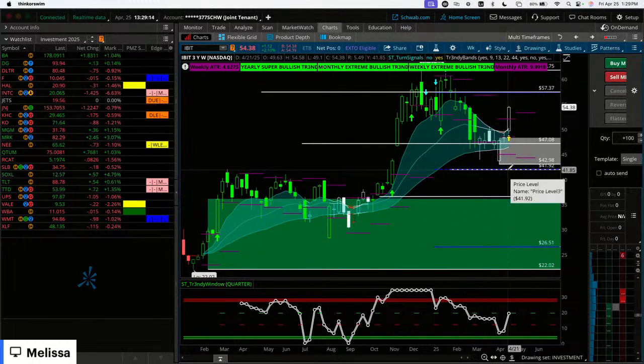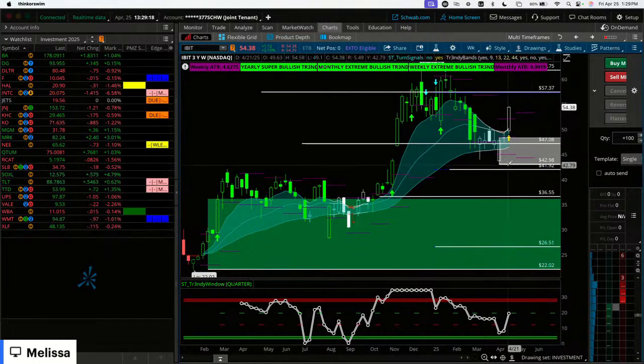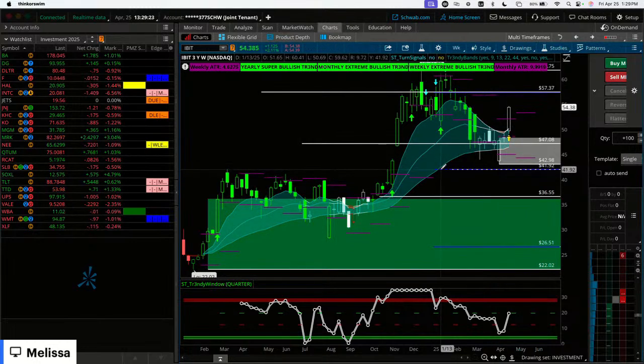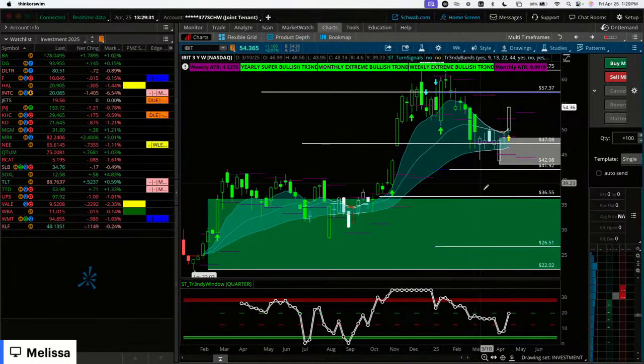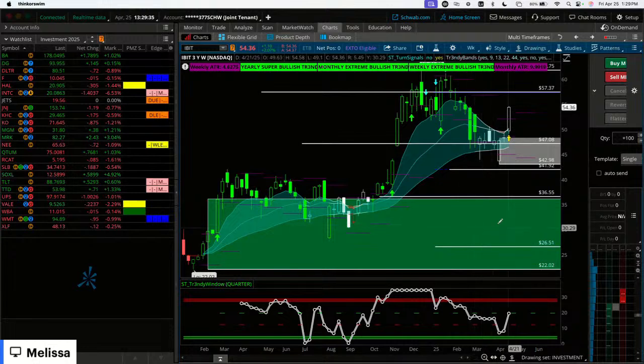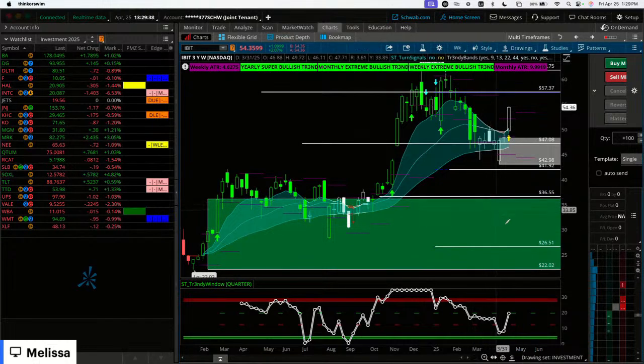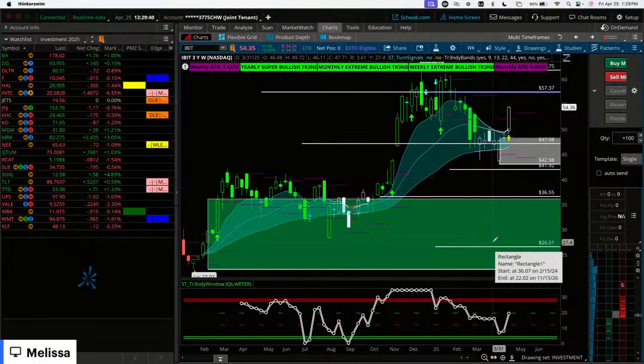The earliest really that I would enter for a leap trade would be up here at the yearly edge mid, and if I were to purchase IBIT here, the options, it would definitely just be 1 or 2 contracts, and I would choose an in the money, or at the money down here in my bigger demand zone.